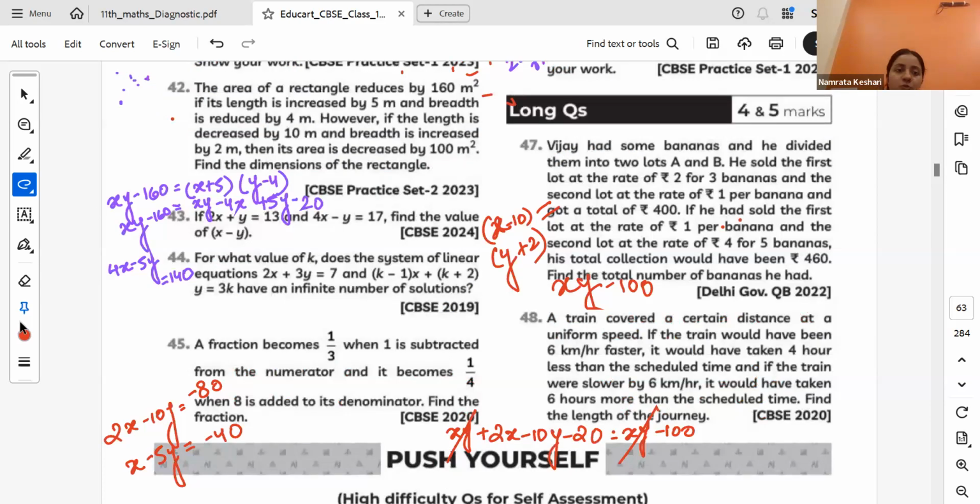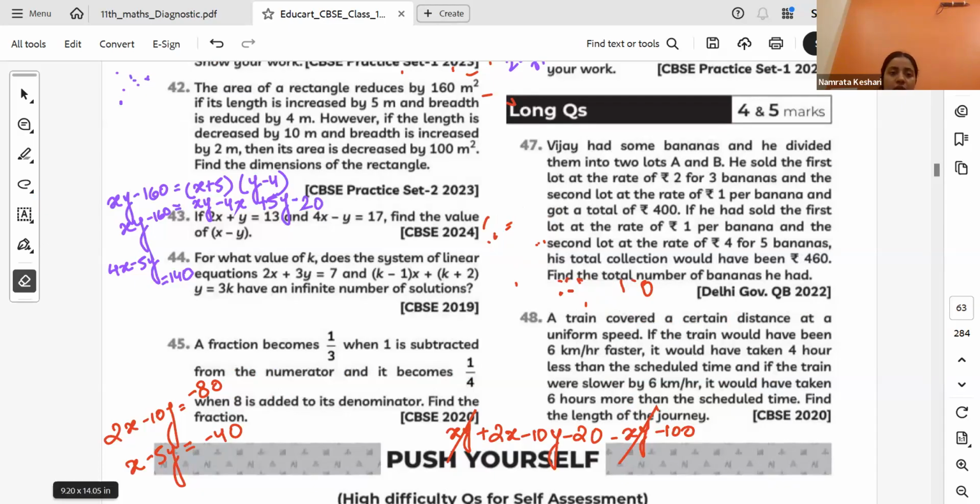Sometimes students get confused with this type of question also, which is question number 47. Let's read it. Vijay had some bananas and he divided them into lot A and B. He sold the first lot. See carefully, I need to take this question.